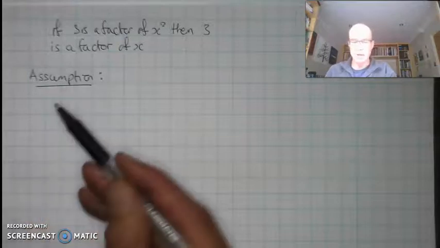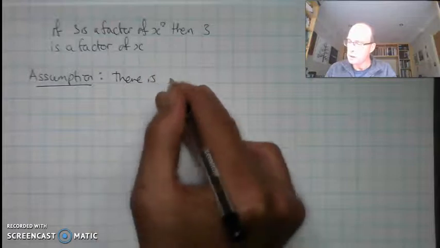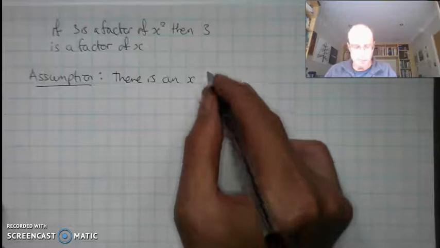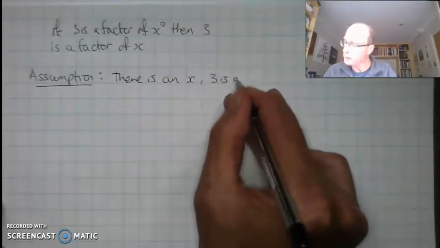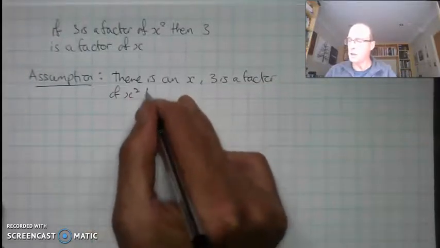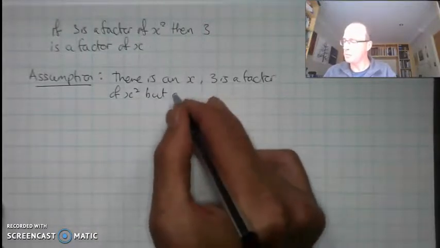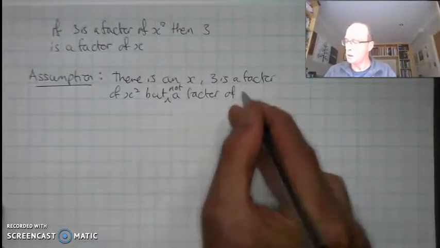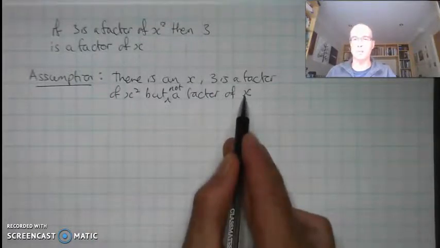So I want an assumption, and that's going to be that there is an x such that 3 is a factor of x squared, but not a factor of x. So 3 divides into x squared, but it doesn't divide into x.